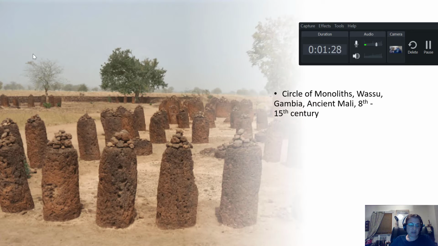Some are bisected, giving them the appearance of two adjoining pieces. The grave circles were evidently erected over a very broad period of time, from the beginning of the Christian era to the 16th century.